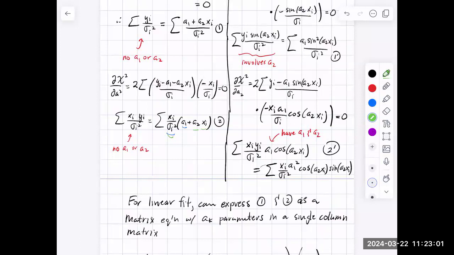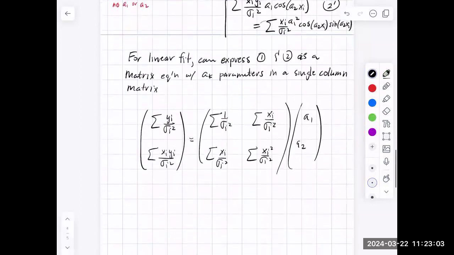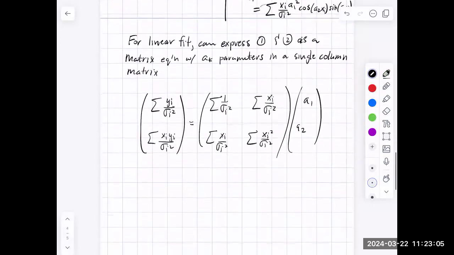It's a disaster, okay? So if this is alpha and this is A, and this we call beta, then we got that A was equal to alpha inverse times beta.